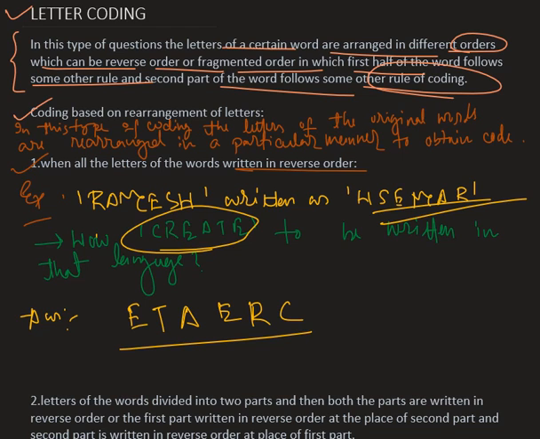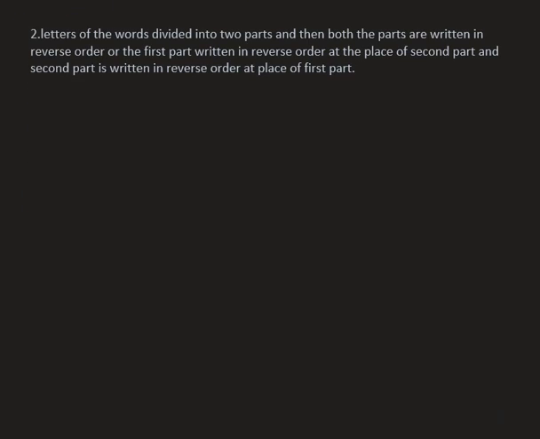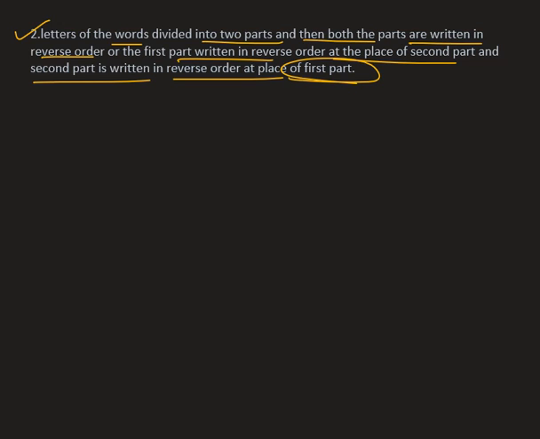Now, jump to the next variant of this topic, that is letters of the word divided into two parts, and then both the parts are written in reverse order, or the first part is written in reverse order at the place of the second part, and the second part is written in reverse order at the place of the first part.